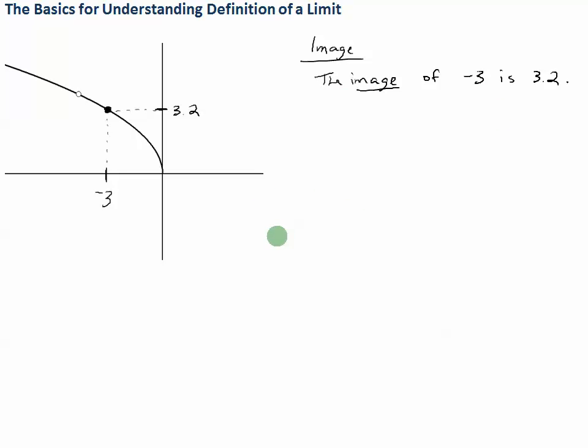Also, you could do this with a set of numbers. So let's say we look at some x values that are in a certain interval here. All of these x values here in this interval from this first number to the second number. I'm not concerned with what the numbers are. I guess we could label them if you want. Let's maybe call this -3 and this -2. So we could look at the image of that interval now, the image of that set. The image of the interval -3 to -2 is, and the way you determine that is by sort of mapping through your function here to get those corresponding outputs.